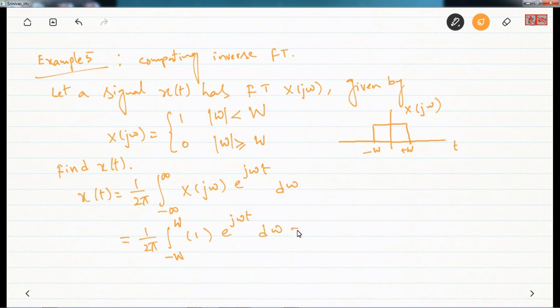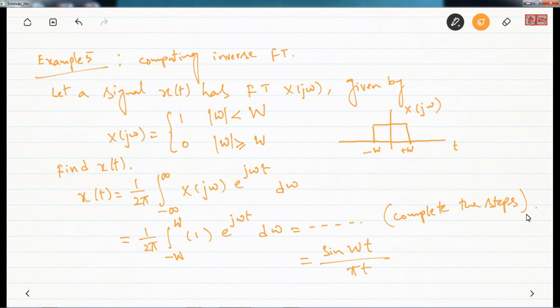After doing some manipulations, what you should be getting is sine Wt by pi t. So complete the steps, or we can also say fill in the blanks.